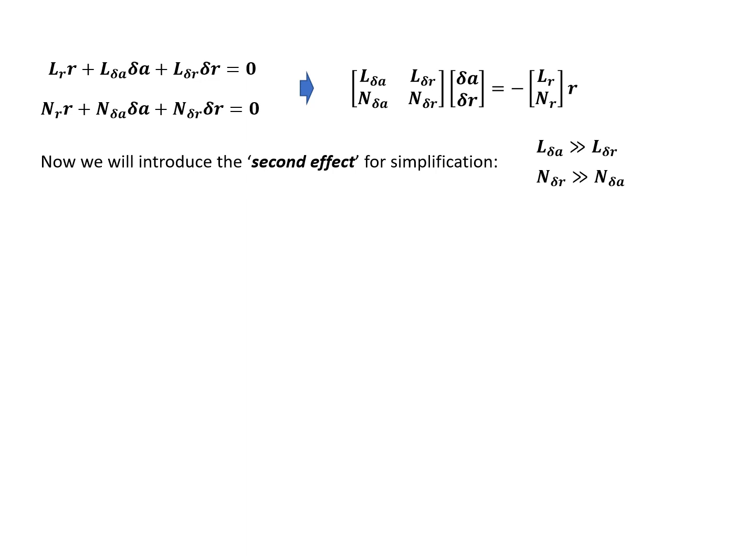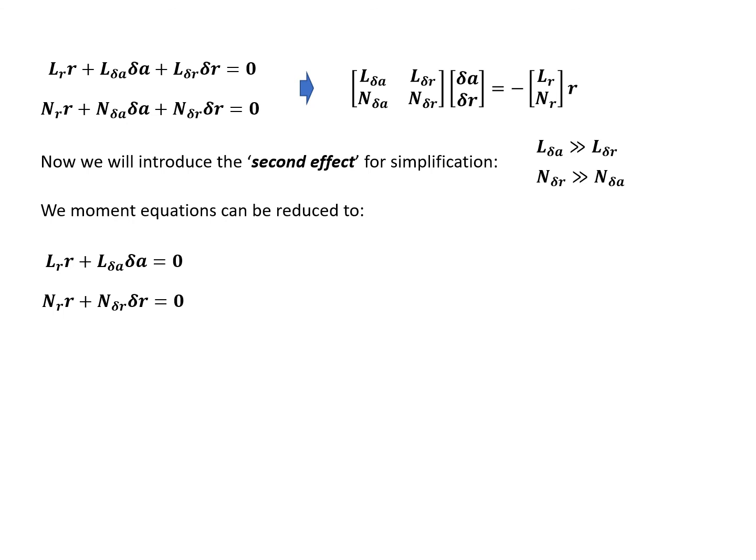The same goes for the yawing moment N, because the rudder deflection's contribution to the yawing moment is much larger than the aileron deflection's. Then we can simplify the governing equations into explicit relations, and we can get delta A and delta R. That's quite straightforward by considering the secondary effect.